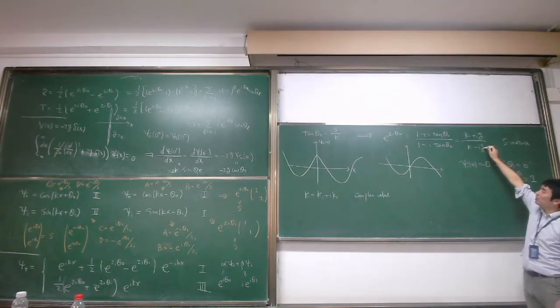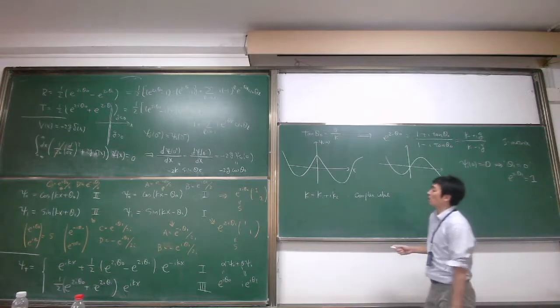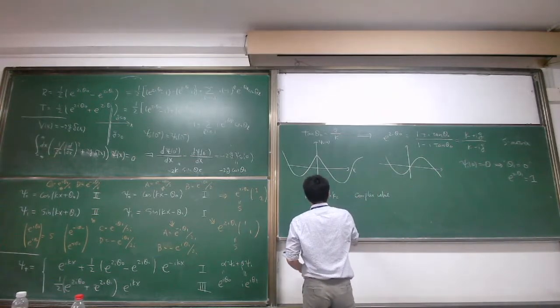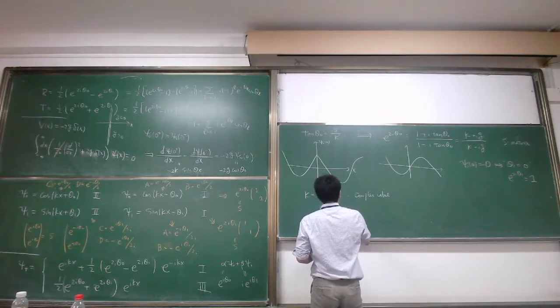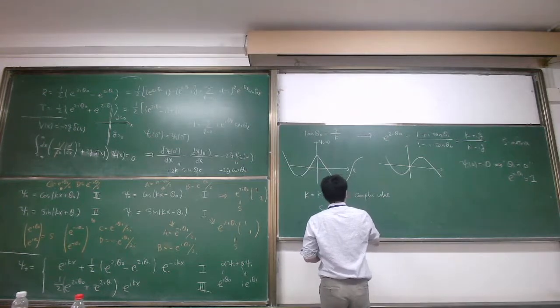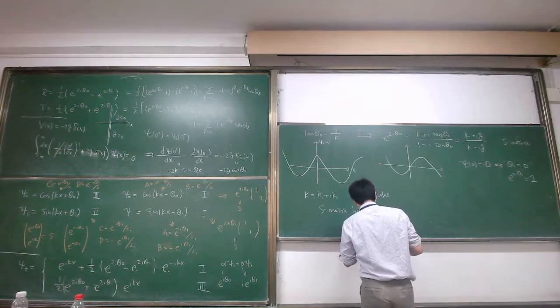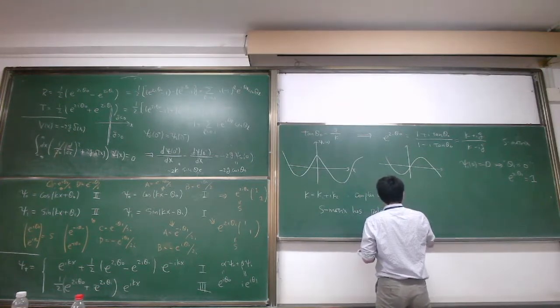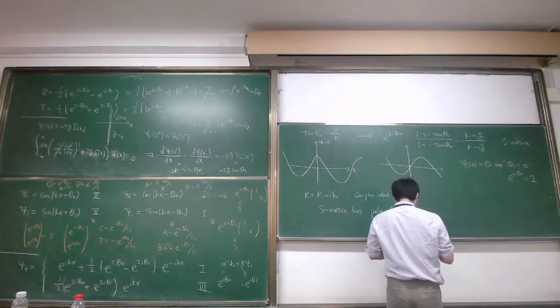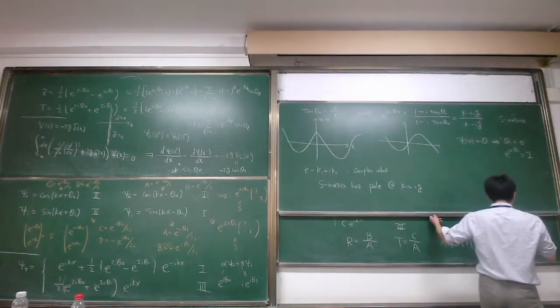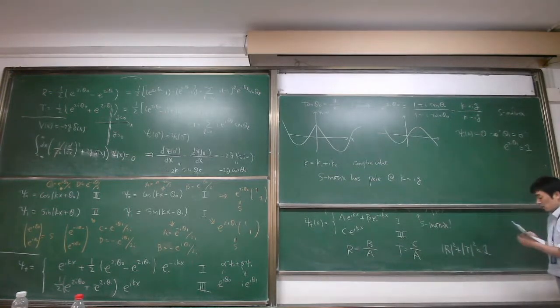But if you look at this one, this S matrix has a pole at k equal to ig.